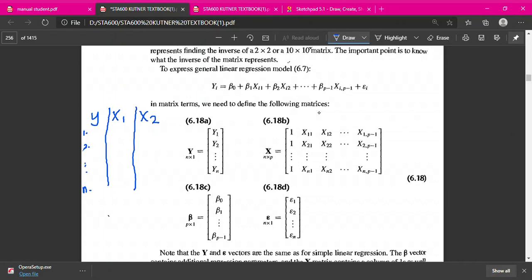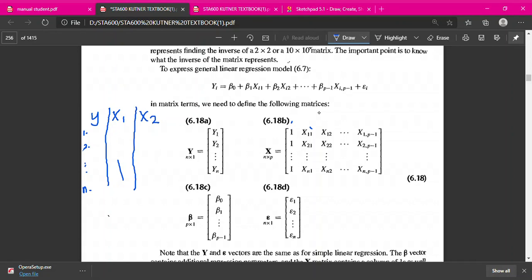All the column here will be the column for X1, and here will be the column for X2. If we have other variables, X3, X4 and so on, just put all the columns here. What is important is that the first column is the column with the entry 1.